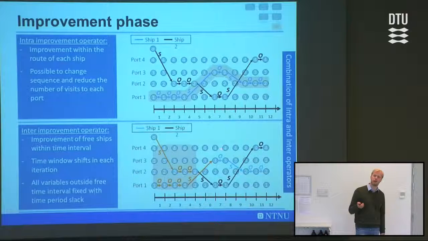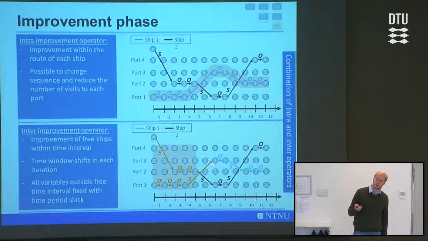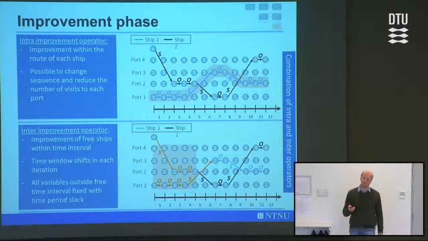The other way we try to improve the solution is to take a number of time periods, and say that everything within this time period is open. We can do whatever we want, but we have to make sure that we hit the solution that we have outside.